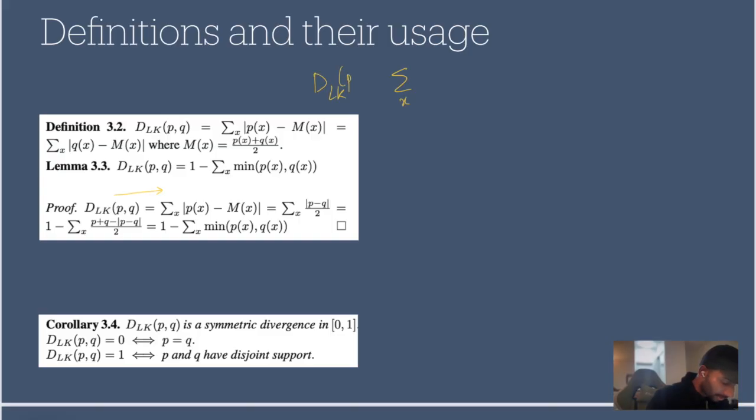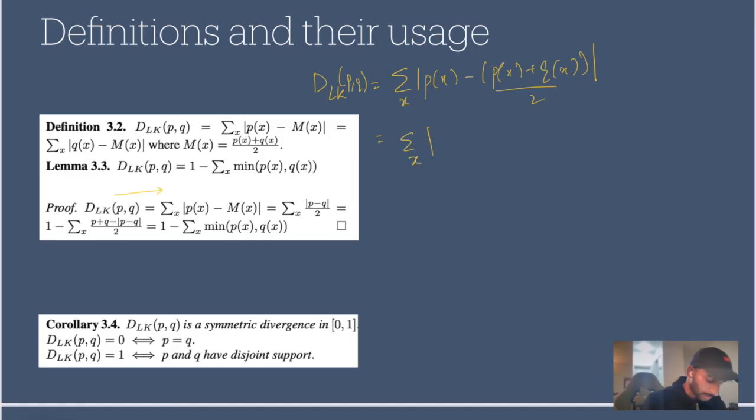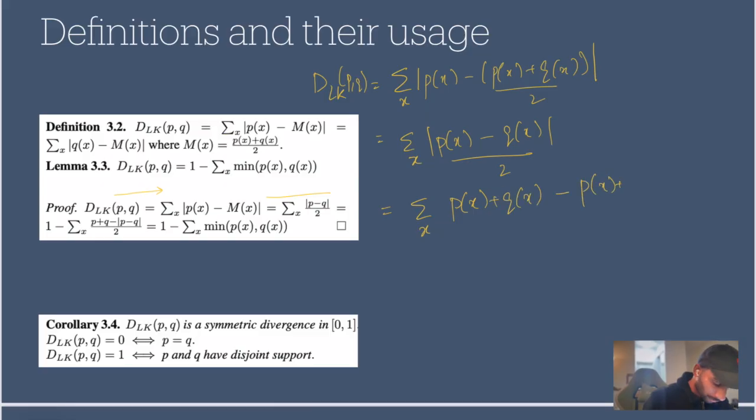D_LK(P, Q) is equal to the sum over x of P(x) minus (P(x) plus Q(x)) by 2. That's actually equal to P(x) minus Q(x) by 2. Okay, so we got onto this part here. Now after this, we simply add and subtract P(x) plus Q(x), and then we separate terms.